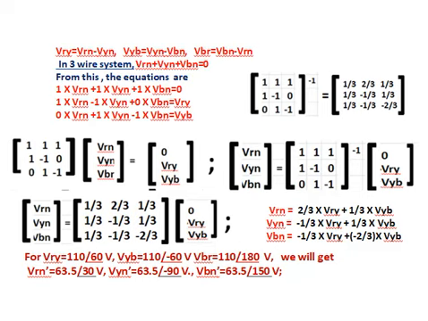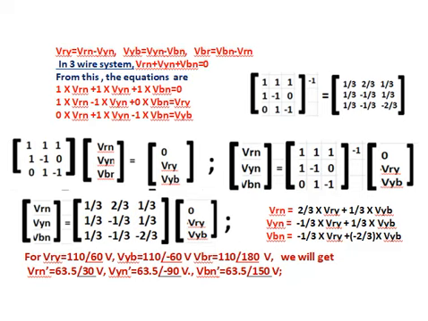From this, the equations are 1 into VRN plus 1 into VYN plus 1 into VBN equals 0, 1 into VRN minus 1 into VYN plus 0 into VBN equals VRY, 0 into VRN plus 1 into VYN minus 1 into VBN equals VYB.